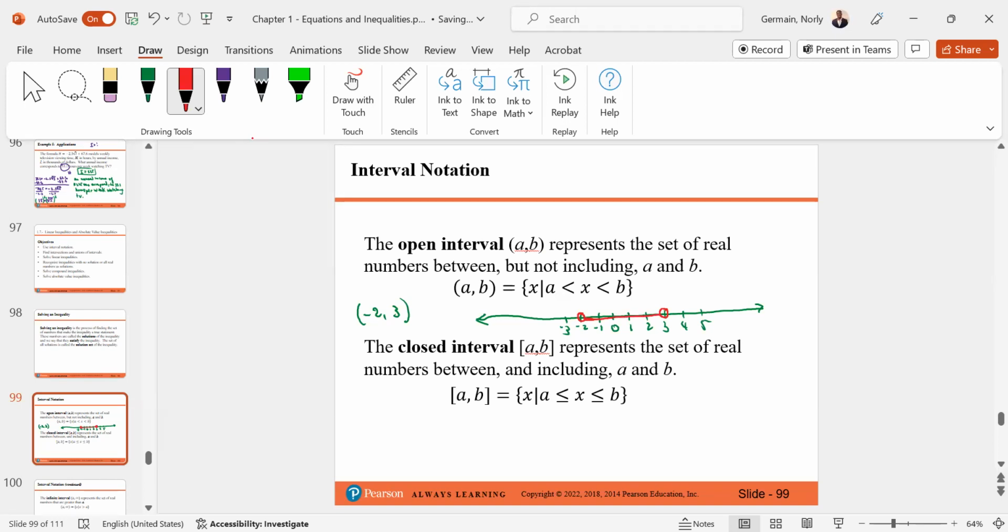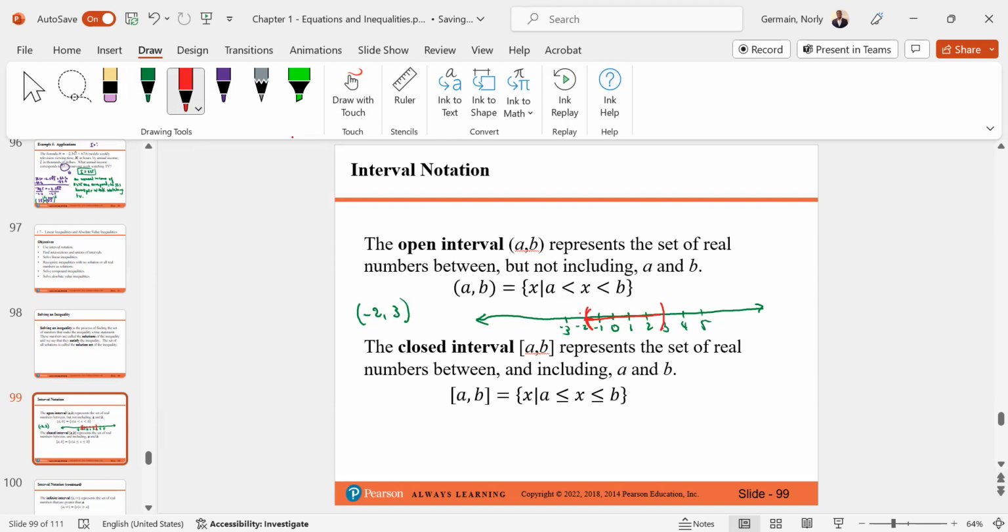Or we simply use parentheses, right? If you don't want to do it this way, that's one way of doing it. But suppose you said, you know what, I'm not planning on doing it this way. You can simply use parentheses, here and parentheses at 3. So that shows the solution set for the open interval (-2, 3).